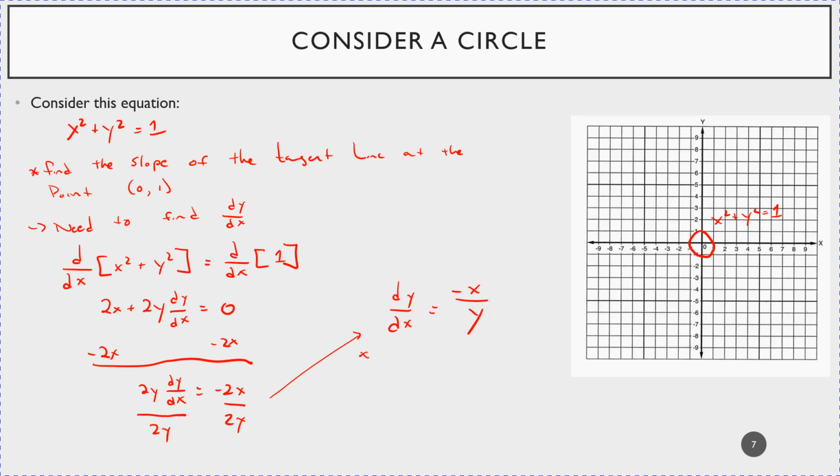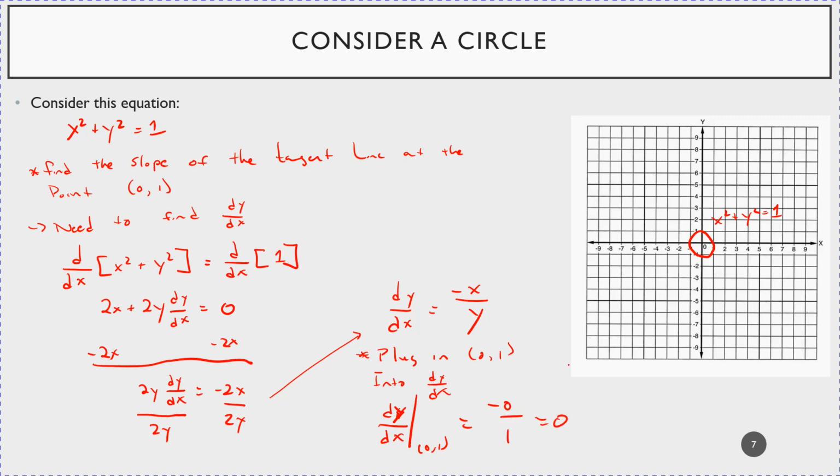Now to find the slope of the tangent line, plug in (0, 1) into dy/dx. So I write it like this: dy/dx, and I put this line here that tells me to evaluate it at (0, 1), is equal to, so I'm plugging in 0 for x, so minus 0 over y, which in this case is 1.